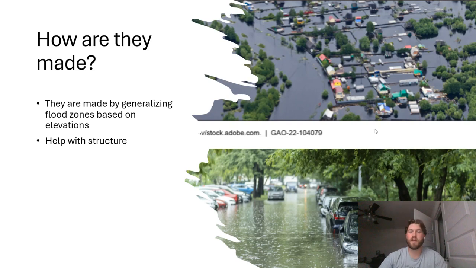You have to meet certain elevation requirements to be able to build, and you have to get certain specialized permits to also be able to build. And some people actually end up putting their houses on stilts to meet these requirements.